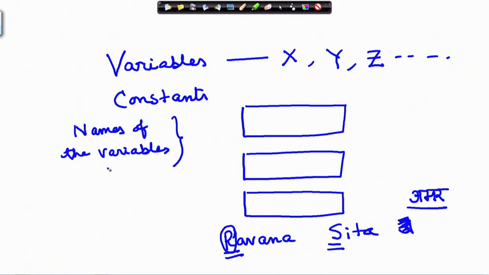Similarly, for naming the variables in C, there are some rules. So, here we have seen x, y, z, etc. These are the variables.